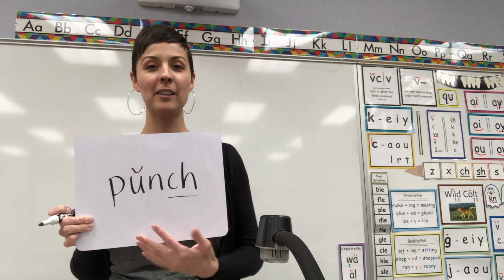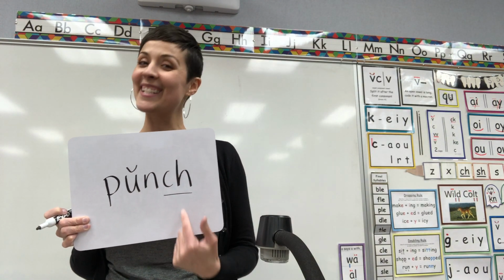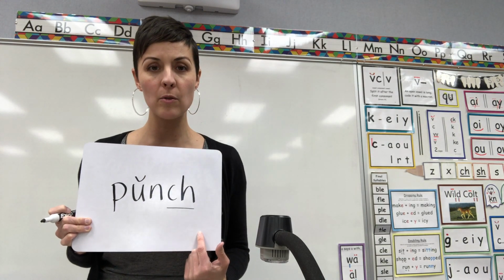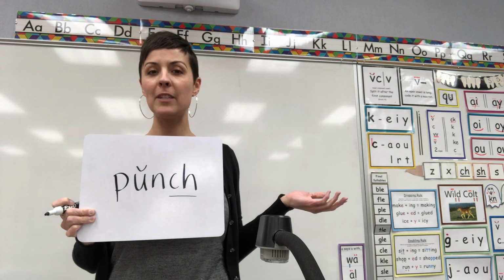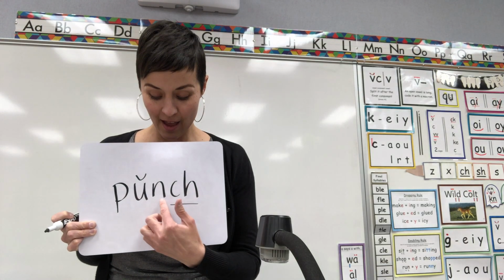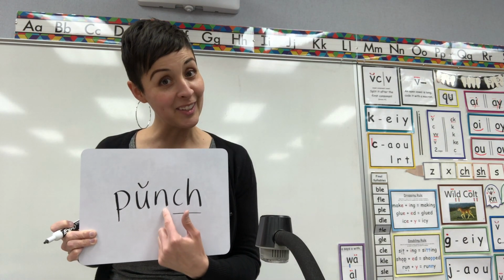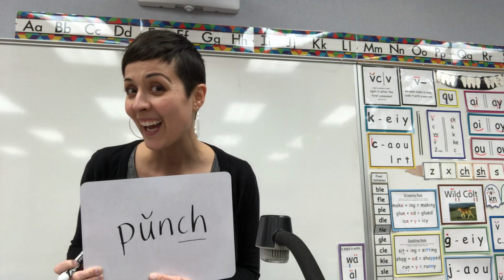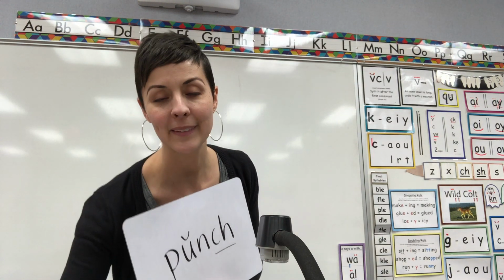Punch should be spelled P-U-N-C-H. What? Mrs. Smith, you're so tricky. I thought you were only doing trigraph T-C-H to say ch. I was, but after a consonant we use C-H. Did anyone get it? Yeah? Oh, okay, fine. Erase, erase.